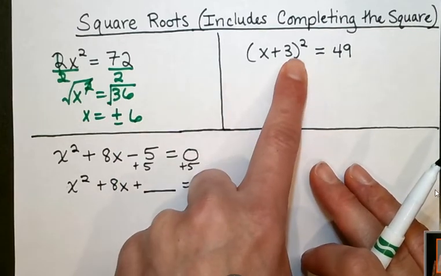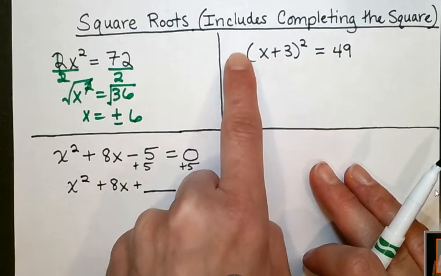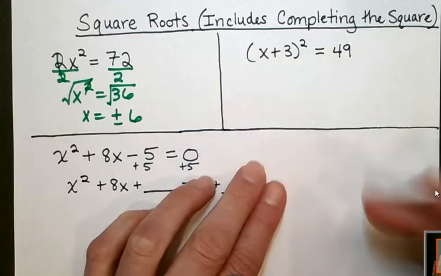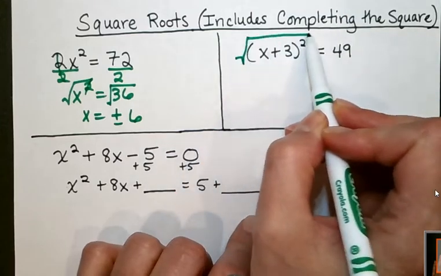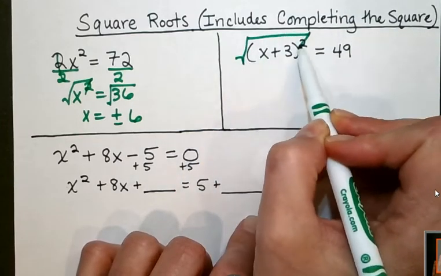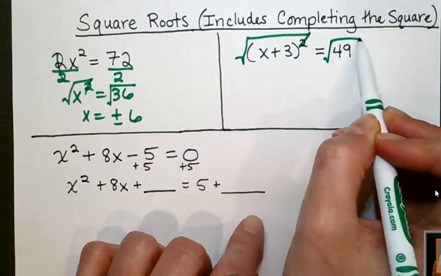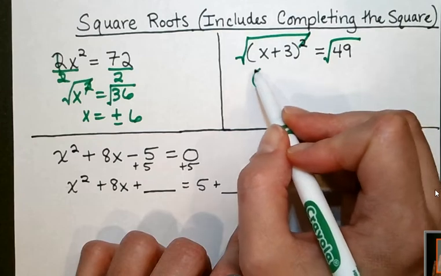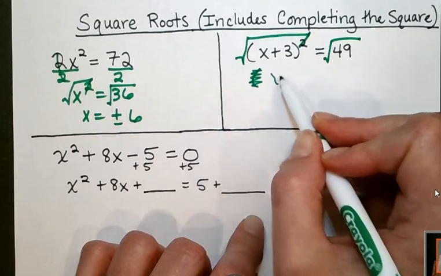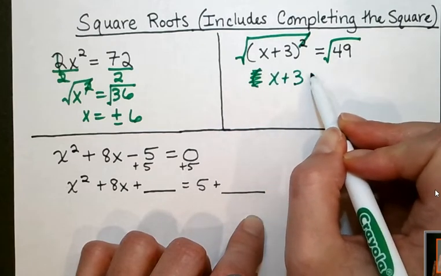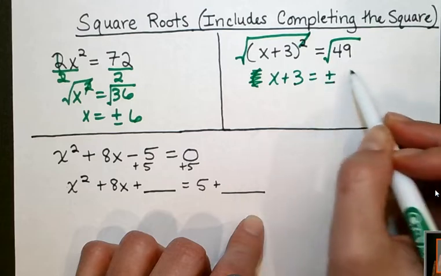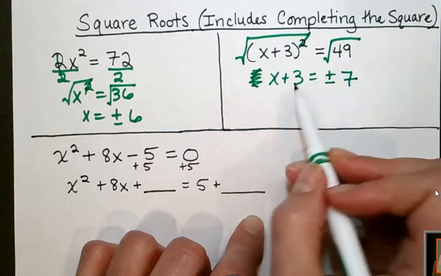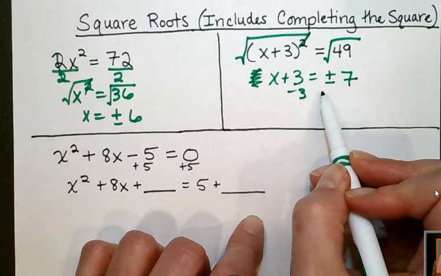Over here, we don't have any multiplier out front, so we can go ahead and right off the bat take the square root of this whole quantity. That will cancel out the square. We're going to take the square root of this as well, and this will give us, we don't need those parentheses anymore, x plus 3 equal to plus or minus 7. And then from here, we need to subtract 3 on each side.